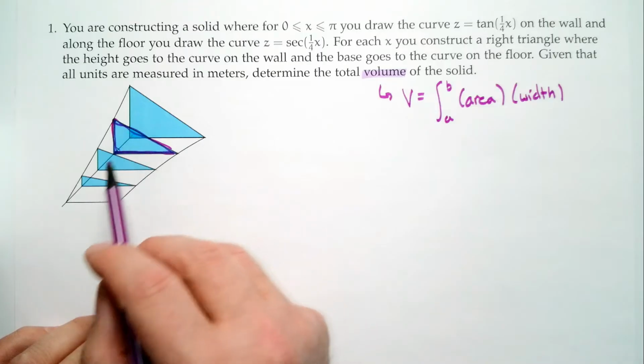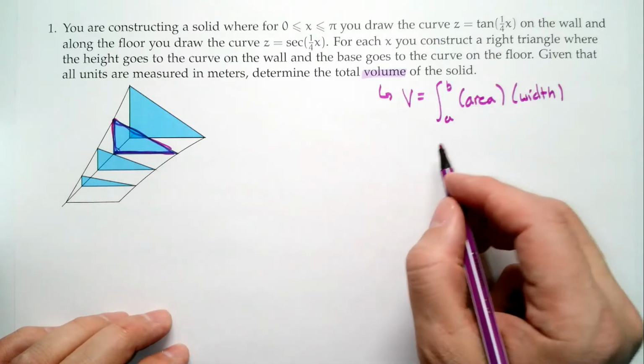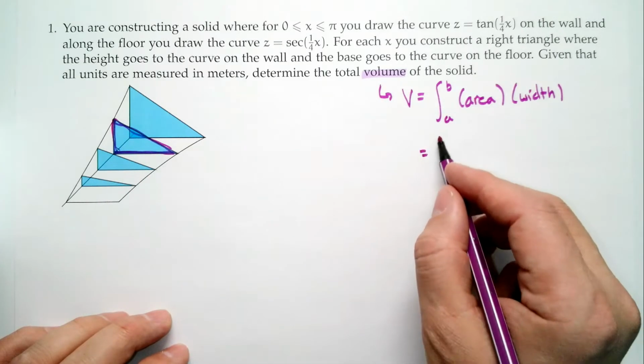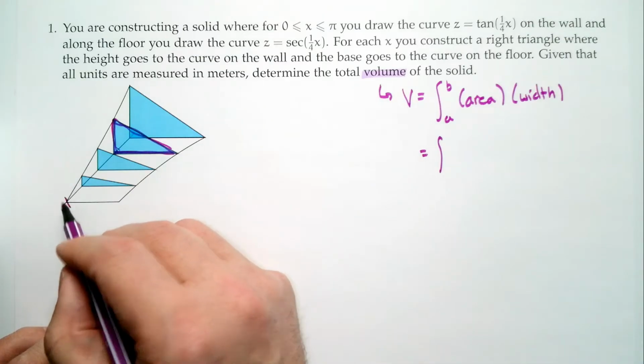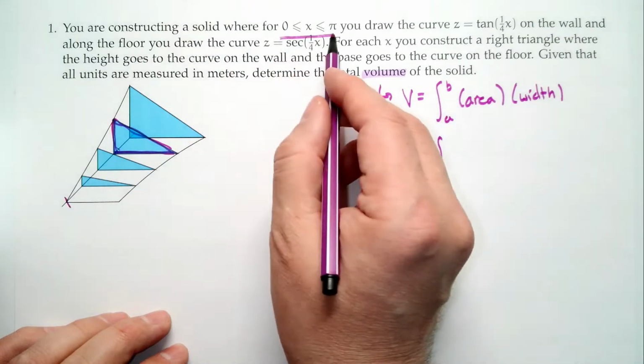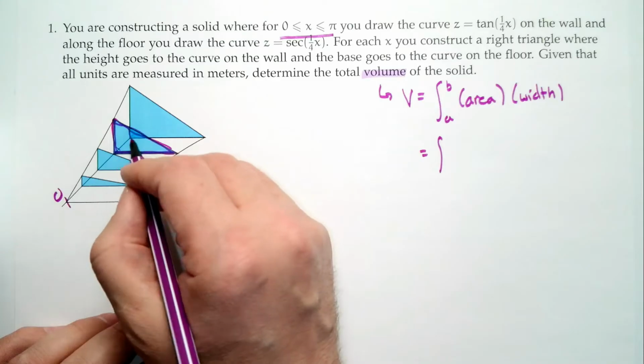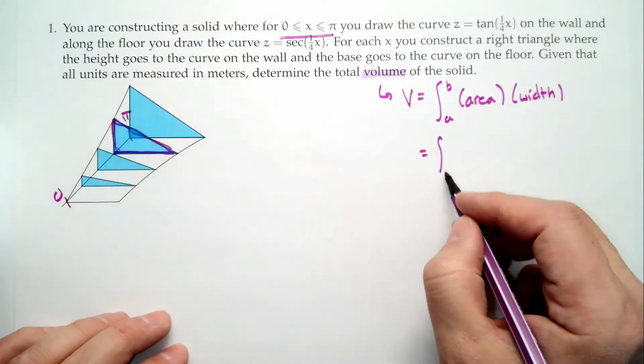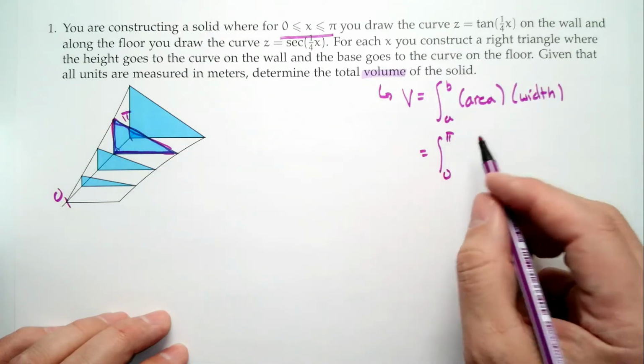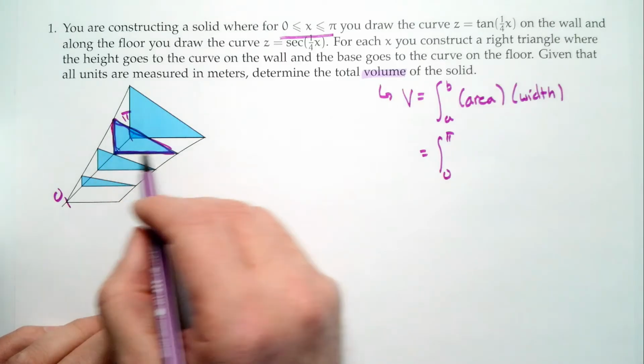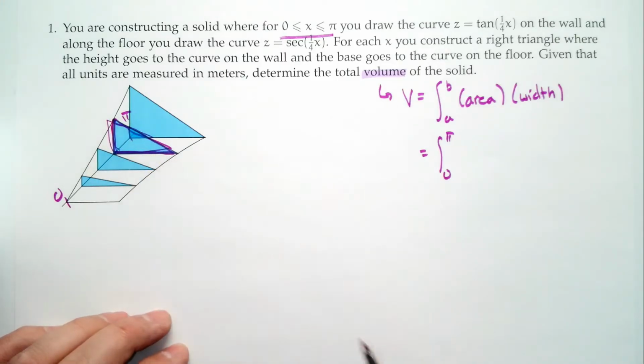So we have to start thinking, well, in our case, what do we have? We're told, from 0 to pi. So 0 over back here is pi. So 0 to pi. The area, well, I need to find the area of this triangle. Well, how do you find the area of a triangle? 1/2 base times height.